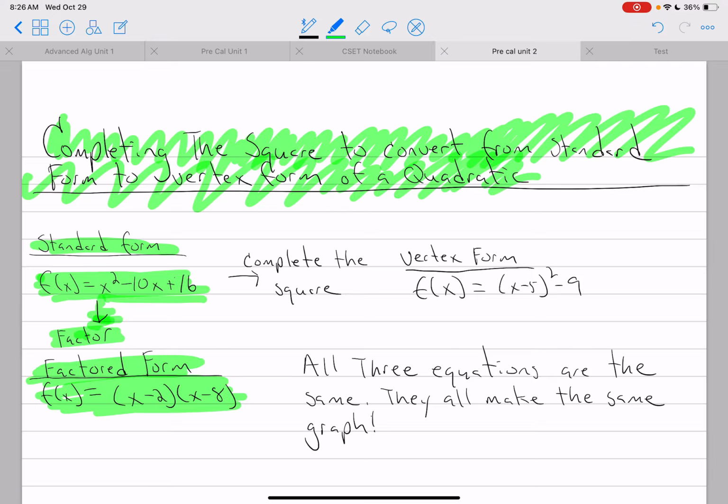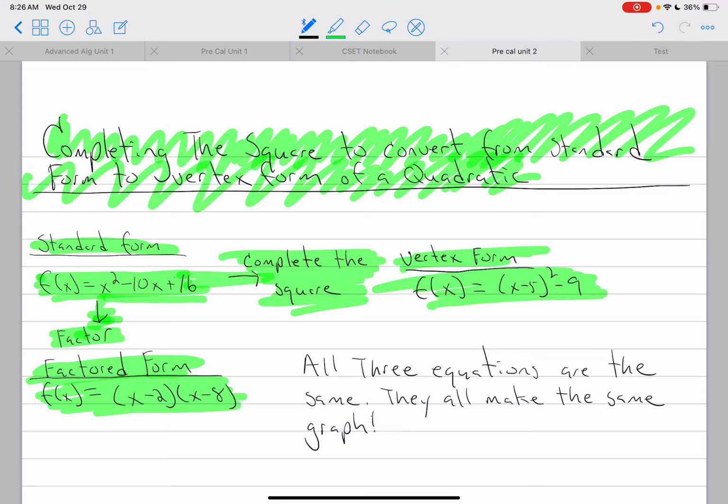But there's another form. It's called vertex form. And I can convert from standard form to vertex form by completing the square, which we've talked about. So the vertex form of this same equation is f of x equals x minus 5 squared minus 9, right?